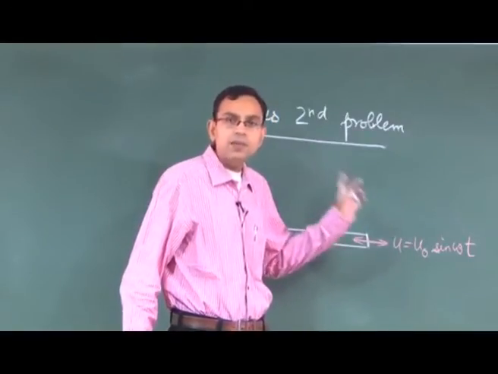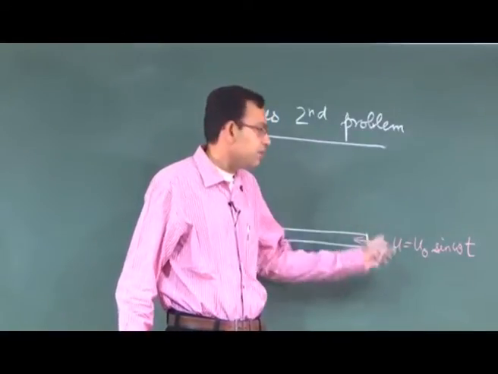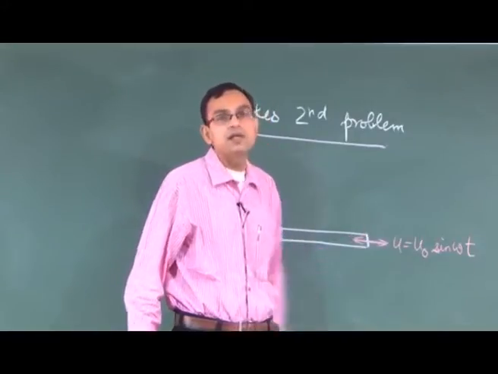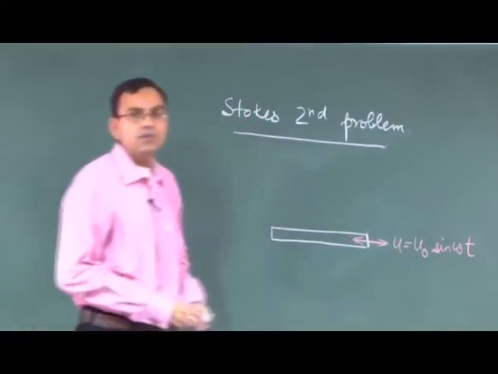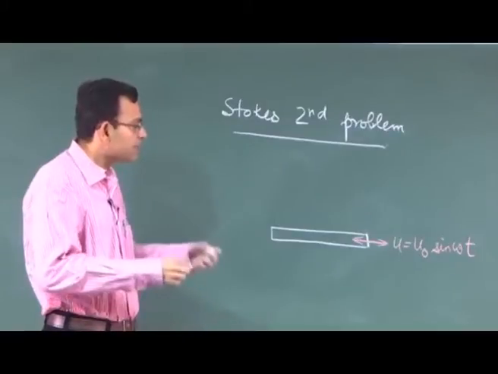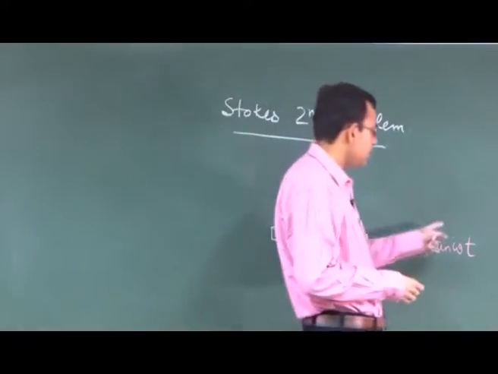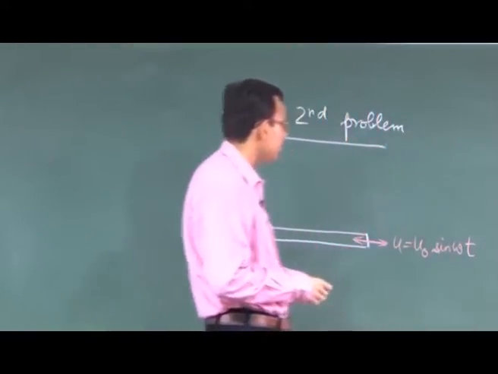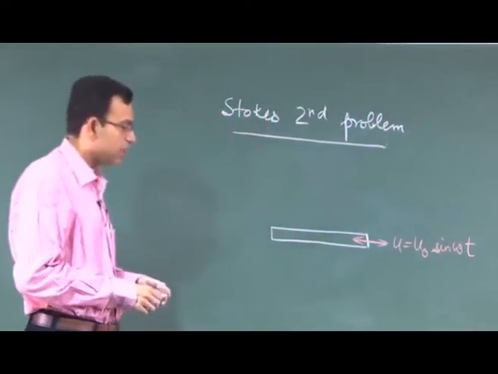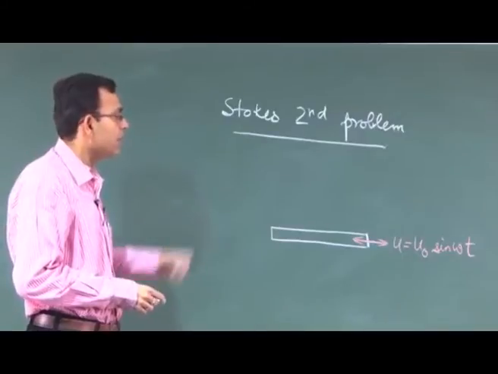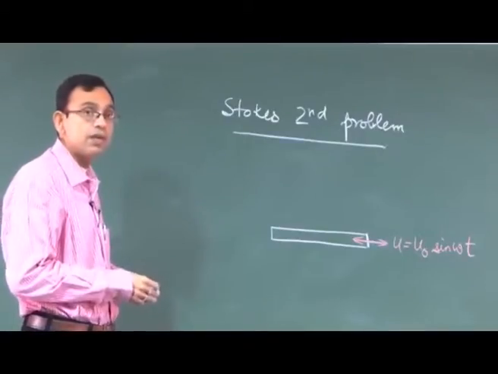First, from a mathematical perspective, this problem will not be amenable to a similarity solution and we have to adopt some other technique. But physically the more important consideration is that there is now an imposed time scale, which is 1 by the angular frequency of oscillation of the plate.